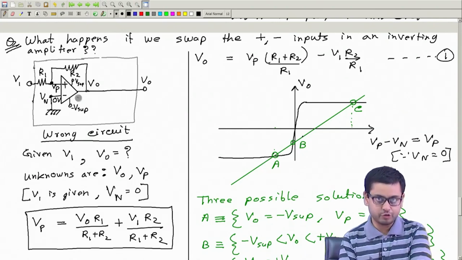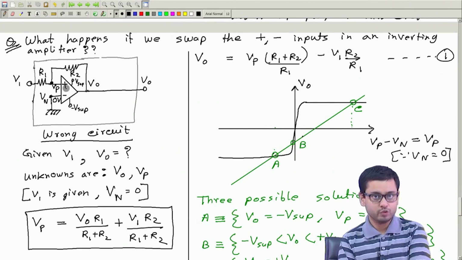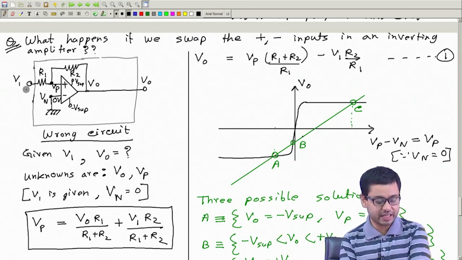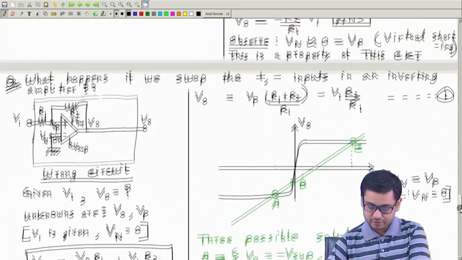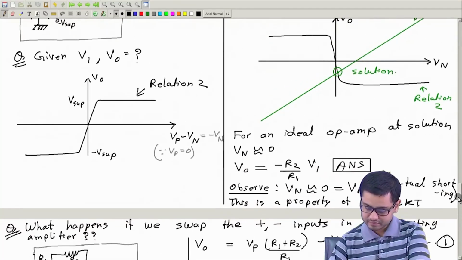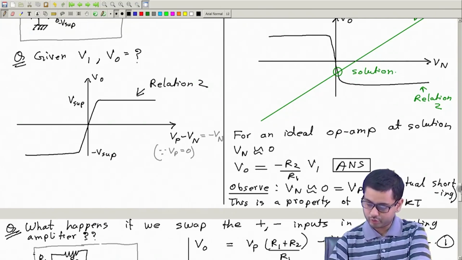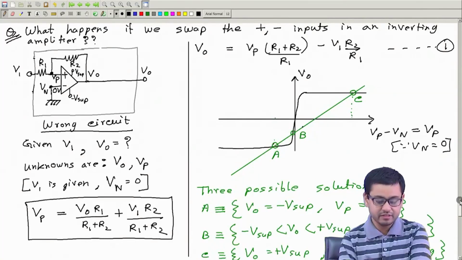So by mistake if we swap it, what happens? The question is, will it still behave like an amplifier? Will it be the case that VO is equal to V1 multiplied by some constant, like we had previously? For the original inverting amplifier, it was minus R2 by R1 times V1. Will it be so?